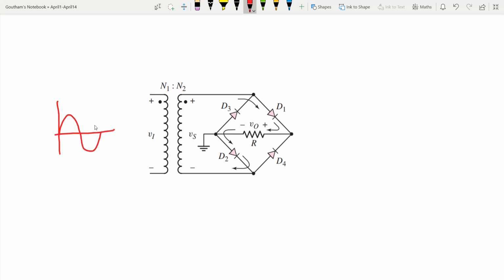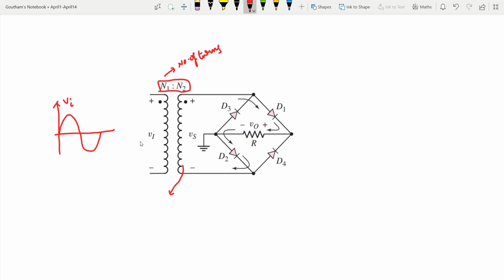So if this is my input Vi to the primary winding of the transformer, and the secondary winding, like we discussed earlier, depending on N1 and N2, that is the number of turns in primary and secondary, we get either step up or step down.